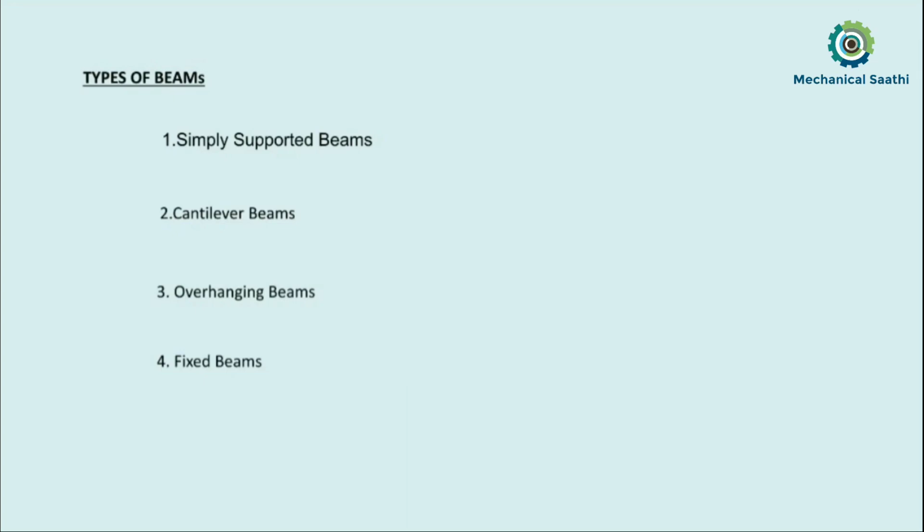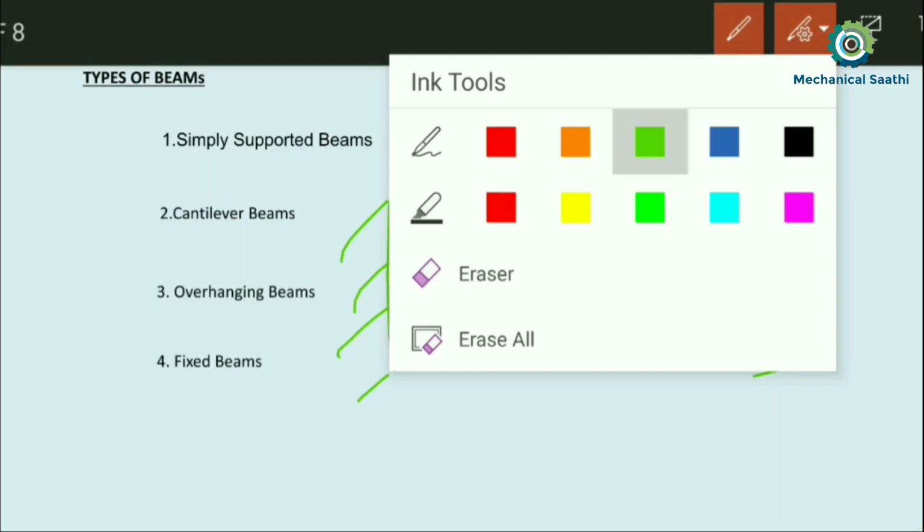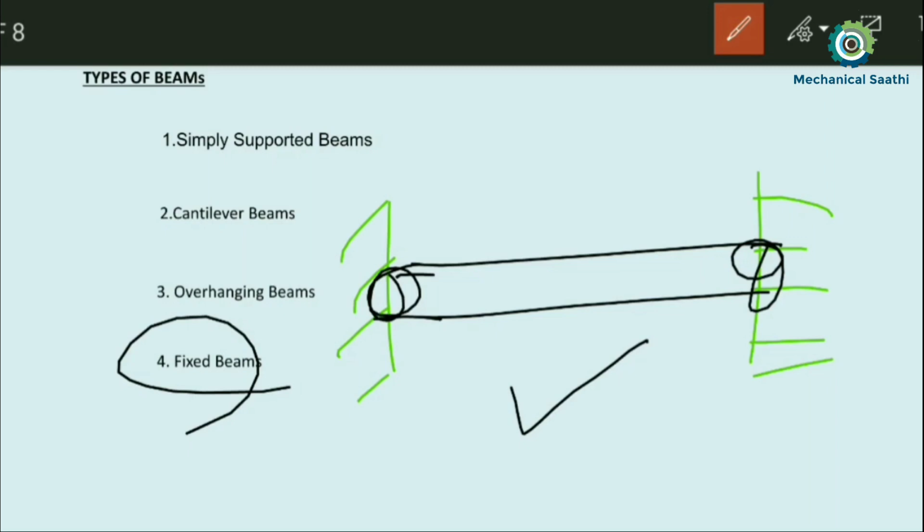If our beam is fixed between two fixed supports, then that can be called our fixed beam. Let me draw again. Let these be two fixed supports, and this is our beam which is held between these two. That means these two ends are fixed between these two fixed supports, so this beam can be called a fixed beam.